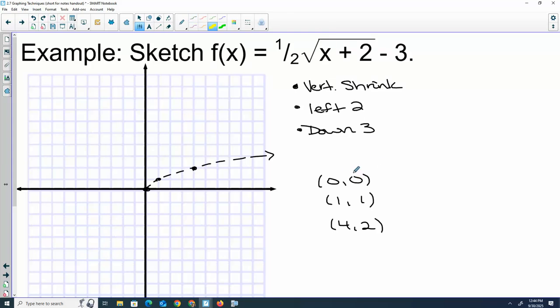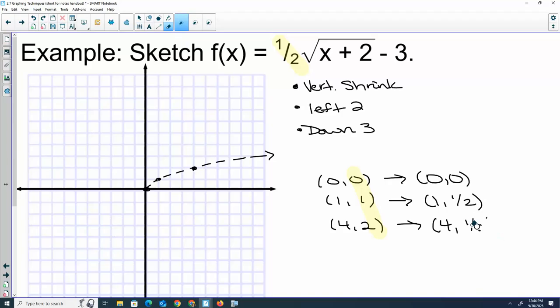Outside is y, does what it says, so I'm multiplying those y's by 1/2. When you have multiple transformations, you have to make sure up and down comes last. So you want to stretch, shrink, flip, any of that before you move your graph up and down.